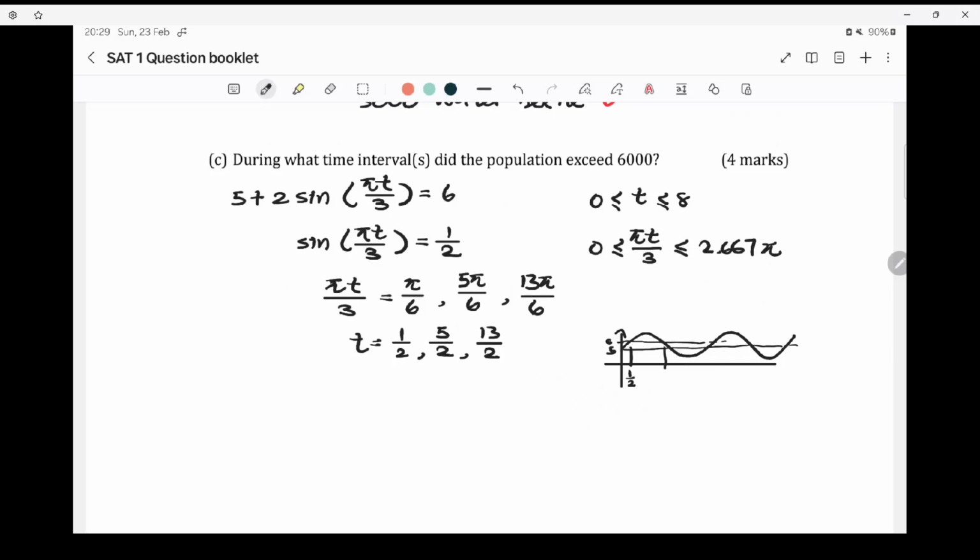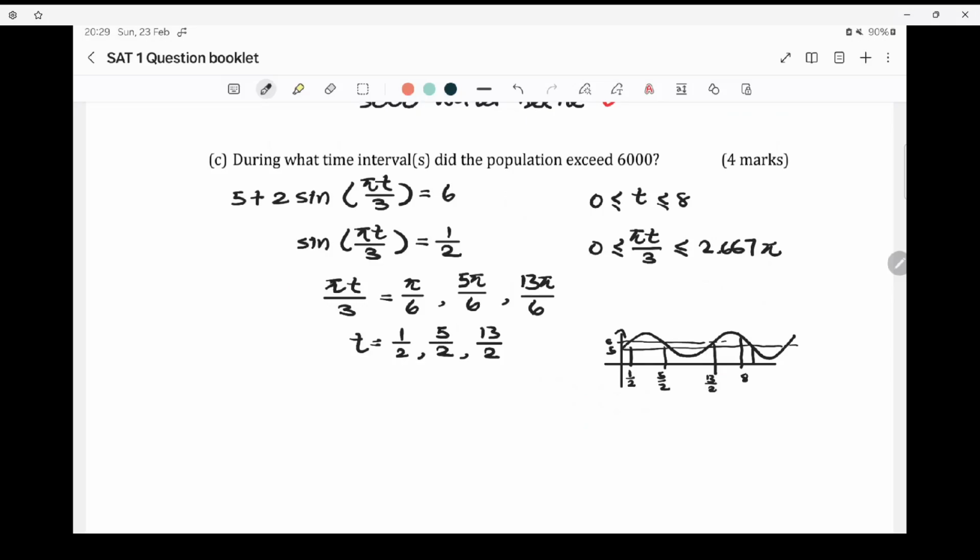This one has to be 5/2. And then the next intersection will be here, 13/2. So 13/2 is 6.5. And then 8 will be roughly here. Because the next value, 2 plus 5/6, there will be 2.833. So this one definitely is more than 8.